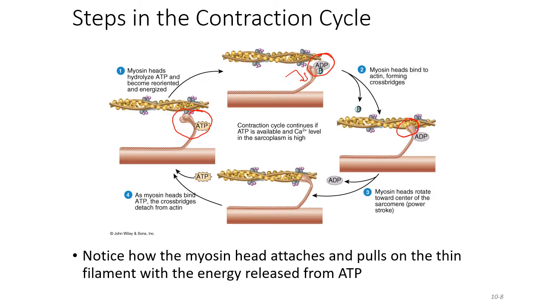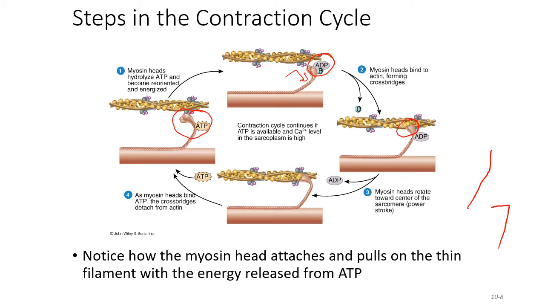It then goes through its power stroke, going from being like this to being something like this, where the myosin head has pivoted and pulled and turned the actin towards the M line of the sarcomere.